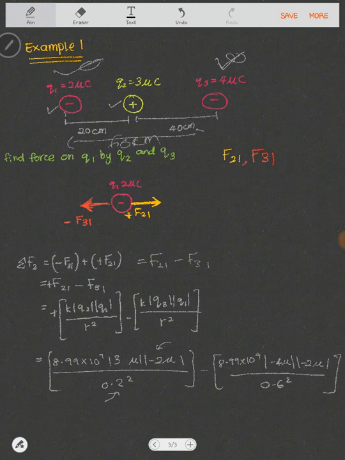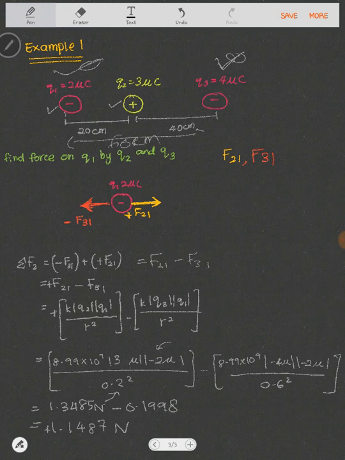And the answer that you will get is 1.1487 Newton. Okay, so dekat sini bila kita calculate yang ni, kita dapat dia 1.3485 Newton tolak dengan 0.1998. So the answer will be positive kan.